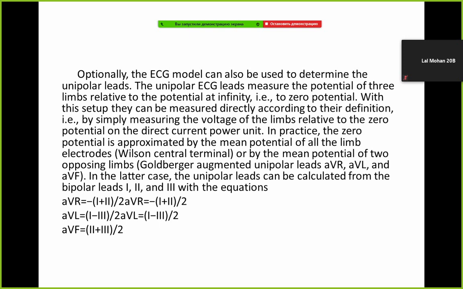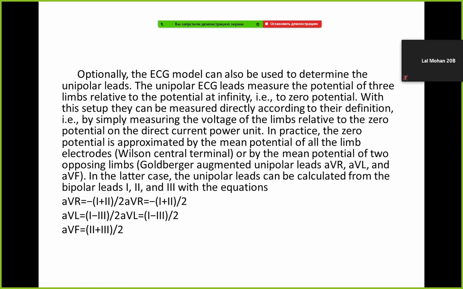With this setup, they can be measured directly according to their definition, for example, by simply measuring the voltage of the limbs relative to the 0 potential on the direct current power unit.